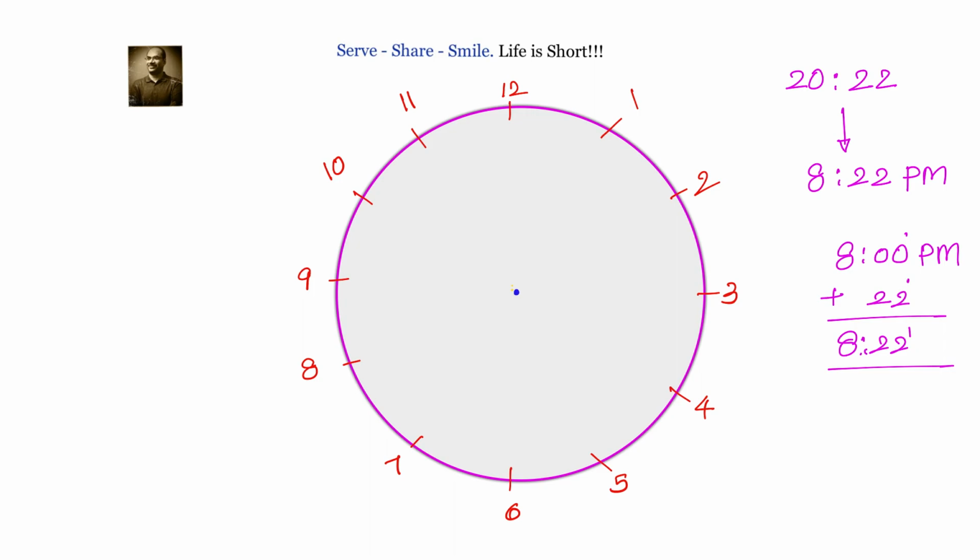This is the hour hand and the minute hand is like this. These are the hour and minute hands at 8 o'clock. When the time becomes 8:22, the minute hand will come to here and the hour hand will move to here.